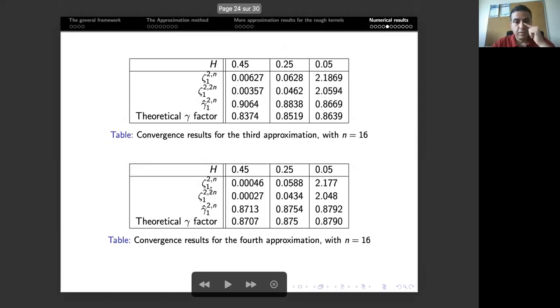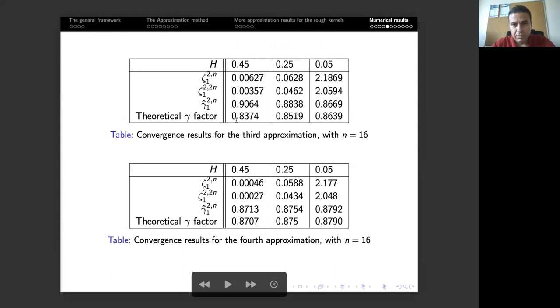Let us move on to the third approximation, here with still fewer points, because of course it is a more efficient approximation. We still recover a good approximation. The theoretical factor in this case depends on h, if you remember well.